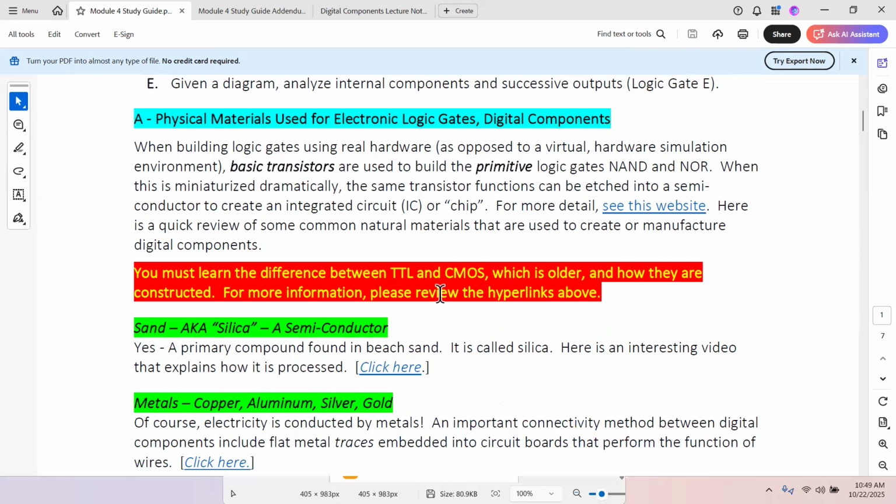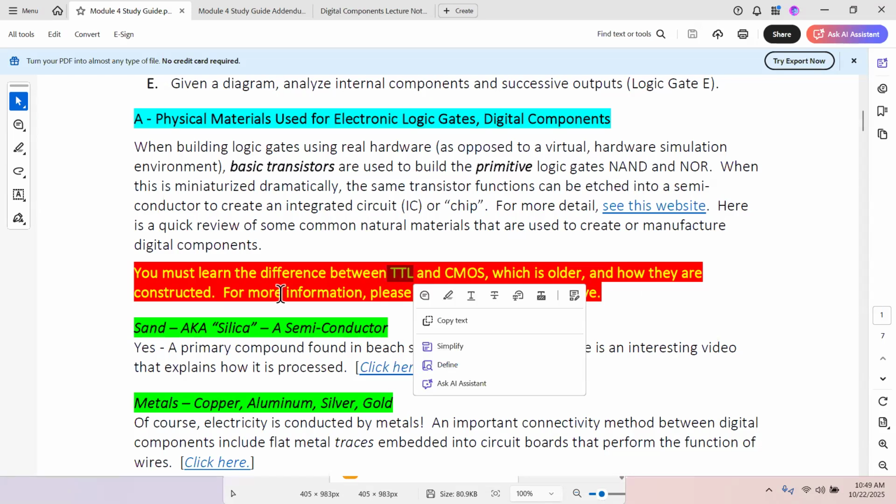So essentially, you have this materials interest, and it talks about the early components in the history of design and innovation. And there's this distinction between CMOS and TTL.